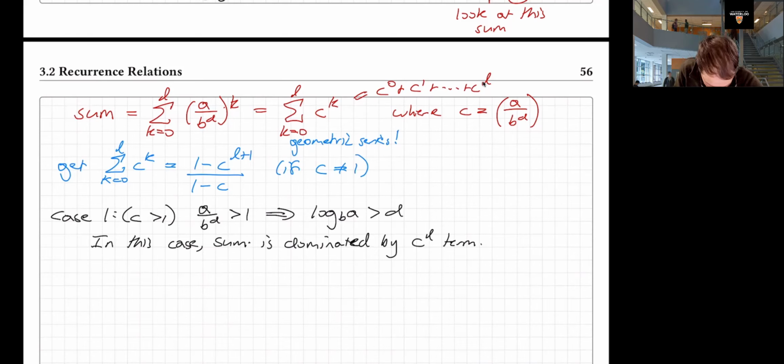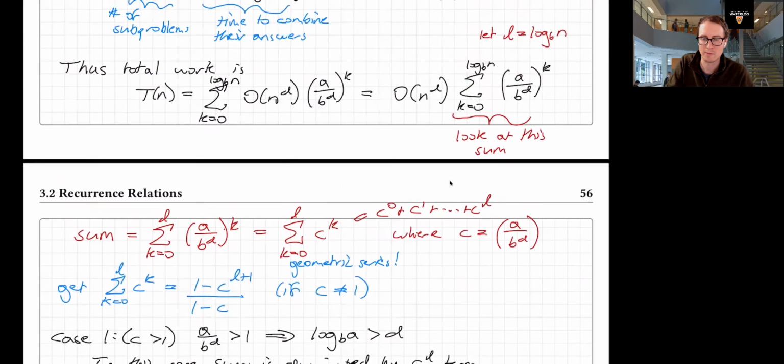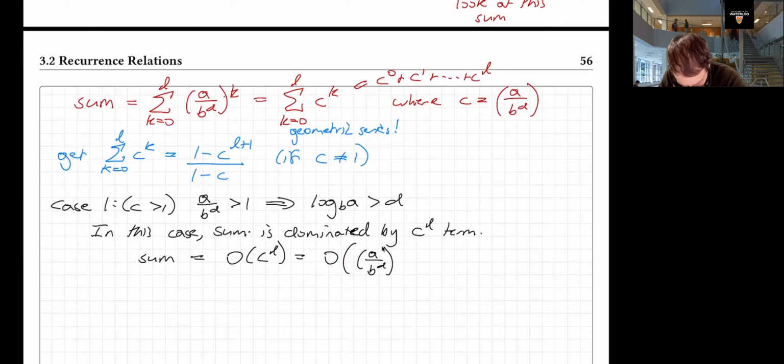And so the sum equals big O c to the L, which is just plugging in what c is: a over b to the power of d, and then plugging in what L is. L is log base b of n.